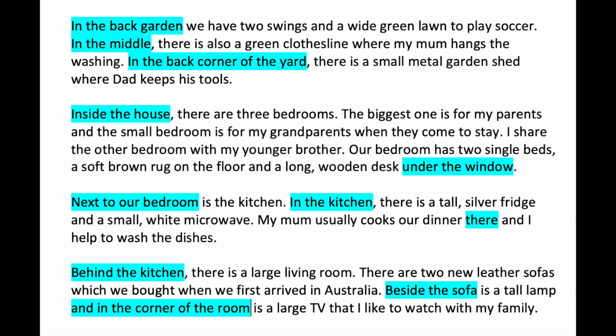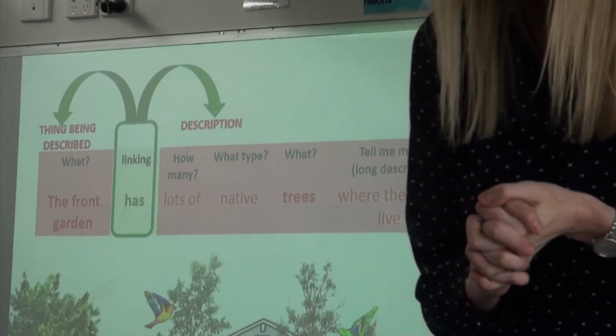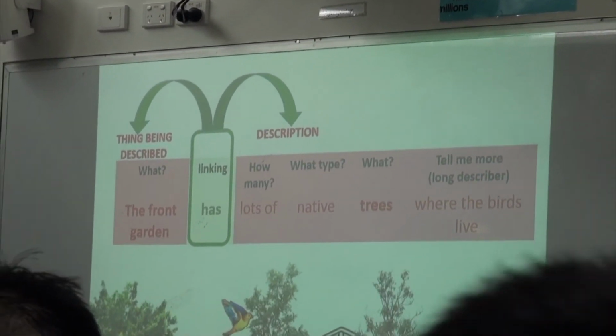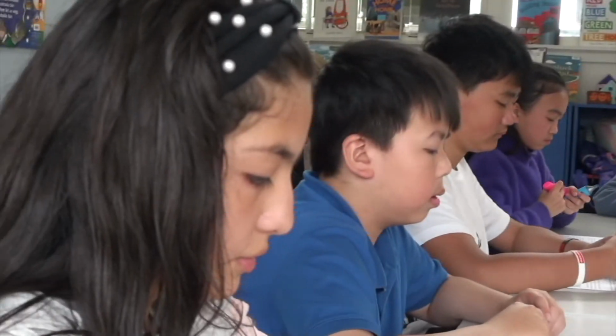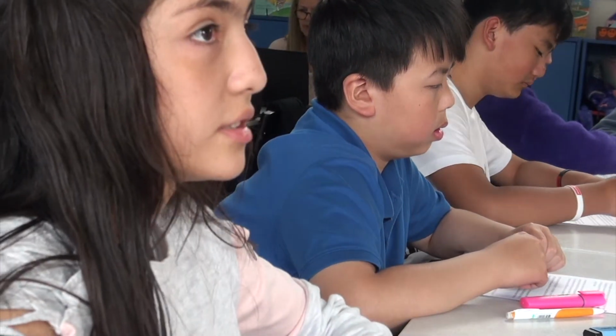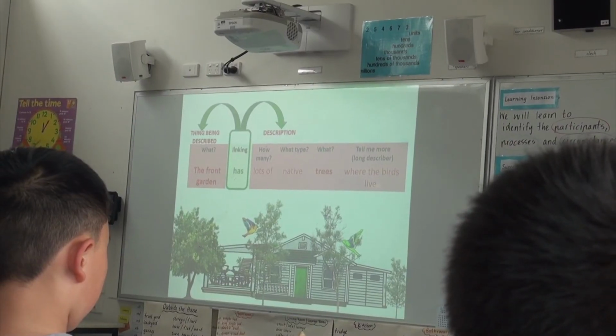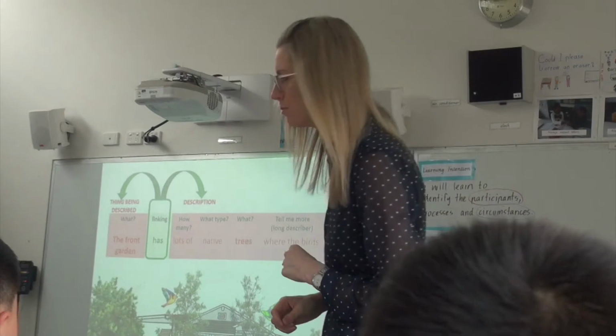Finally, the class identifies the circumstances in the text, particularly circumstances of place, telling where. I said that we are going to also highlight where things are located. So we're going to do these in blue. So can you have a look at the second paragraph?